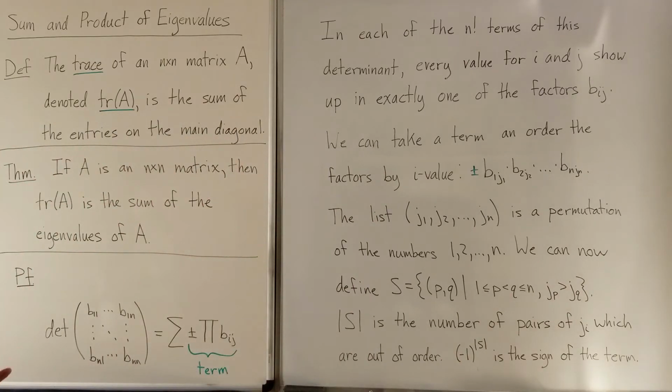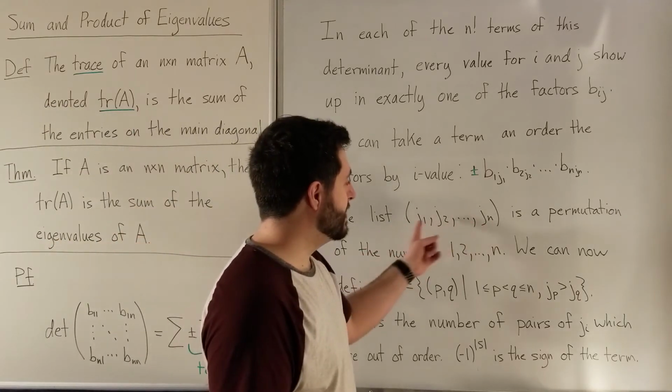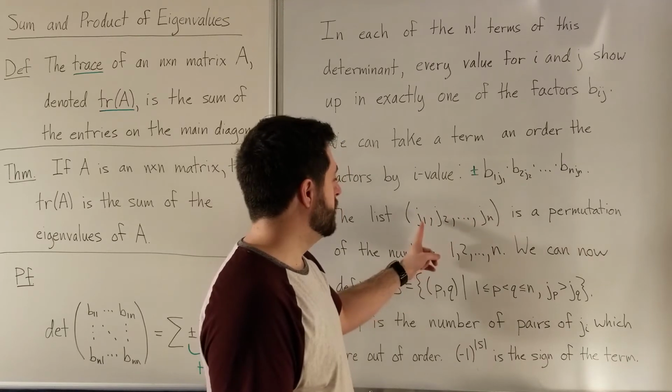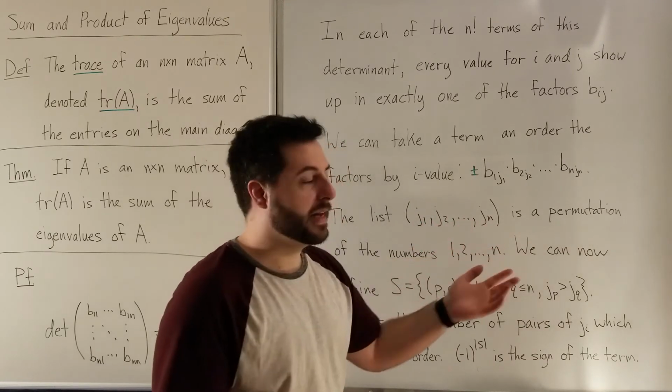Now, in general, this is going to be a fairly difficult thing to get a handle on, but the only reason I'm saying this is because we only care about one sign. That one sign that we care about is going to correspond to all of these numbers being exactly in order. So J1 is 1, J2 is 2, and Jn is n.